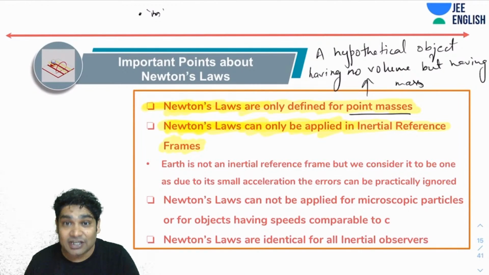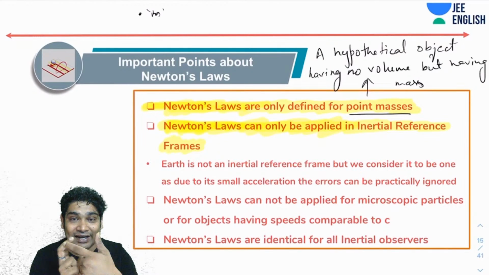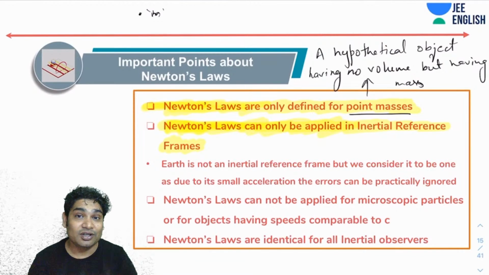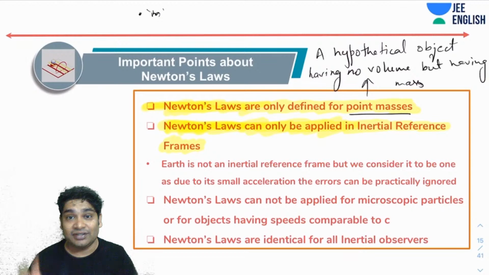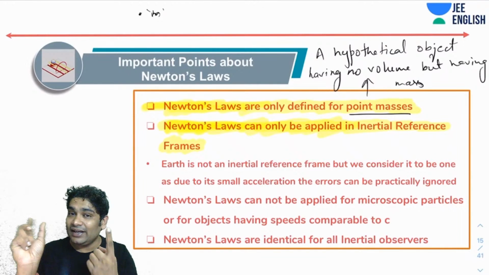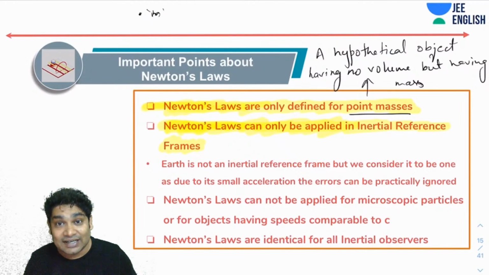Next, we discussed why we are applying Newton's laws on Earth then, because obviously we are non-inertial. The Earth is rotating, so everybody on Earth is rotating, and when you are moving in a circle, you have a centripetal acceleration. So you have a compulsory acceleration. The Earth is also revolving around the Sun. So when you are revolving around the Sun, you have another acceleration directed towards the Sun, which is again centripetal.